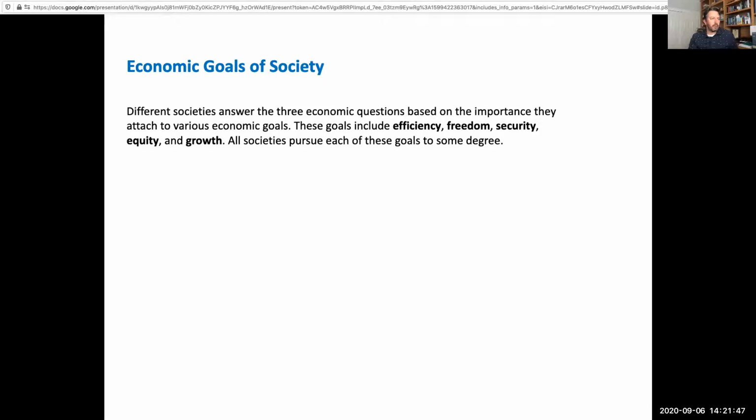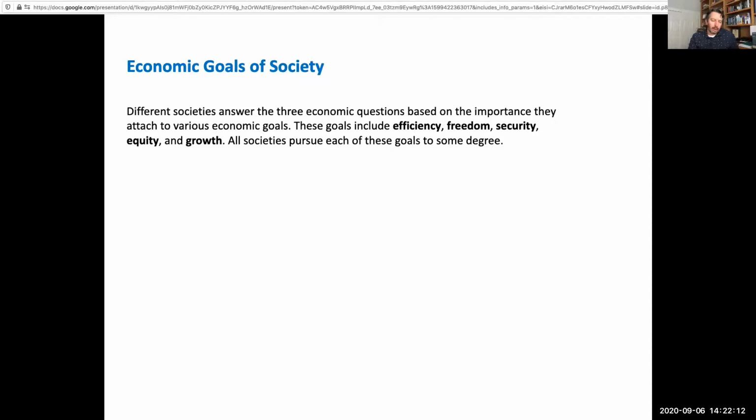So security would be like some mechanisms that say, hey, if you don't succeed in your business ventures, don't worry about it. We still have a safety net, and we're going to talk about the safety net a little bit later in the class today. But that safety net's going to catch them from falling too hard.